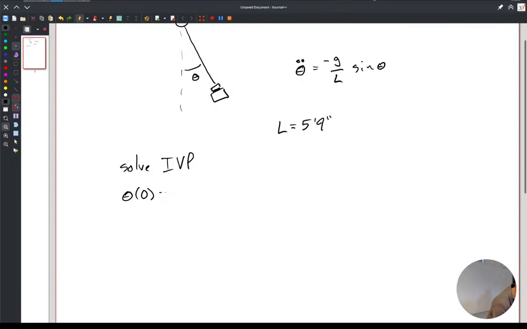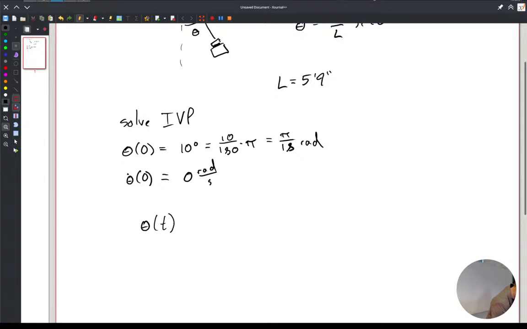Theta of 0, let's say it starts at 10 degrees, a small angle. Theta dot of 0, we'll say that it's moving 0 radians per second. So 10 degrees is going to be 10 over 180 times pi, pi over 18 radians.